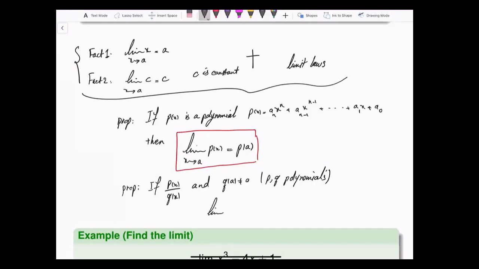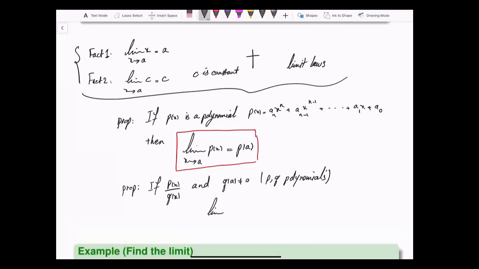Again, for a rational function, finding the limit is the same thing as evaluating that function at that point.